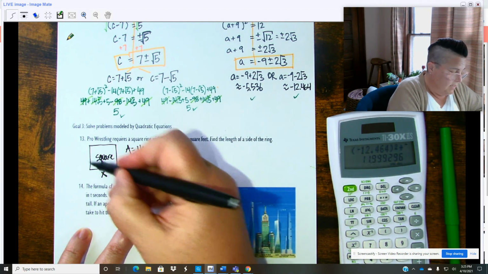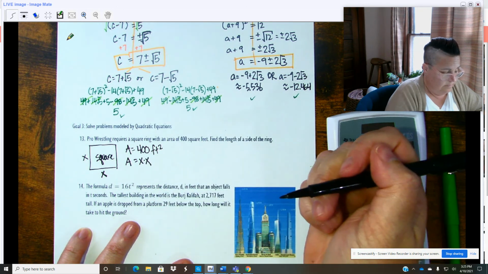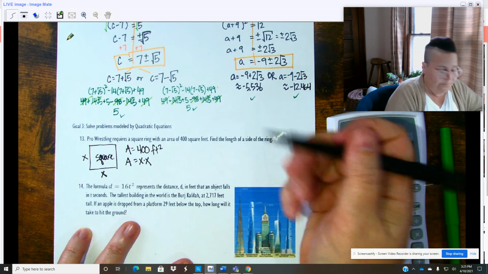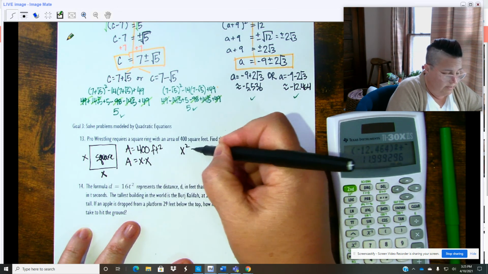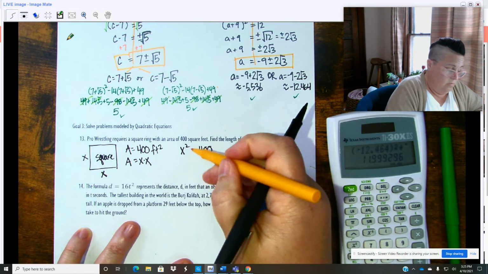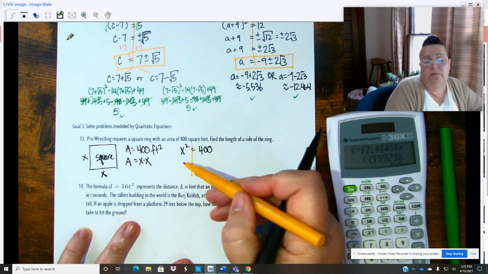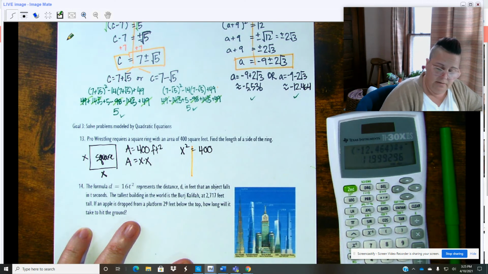So whatever this side is, the area is x times x. Since these are the area of the same thing, we do know that x squared would have to be 400. Using what we learned in the very beginning, I can take the square root of both sides.